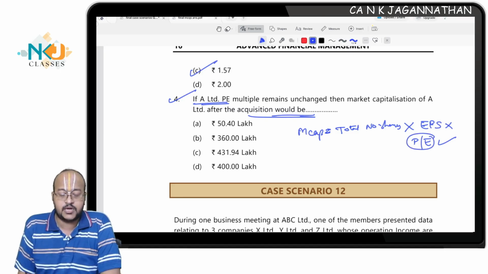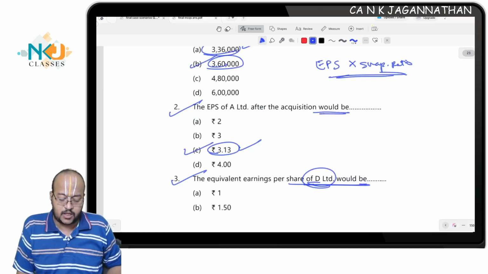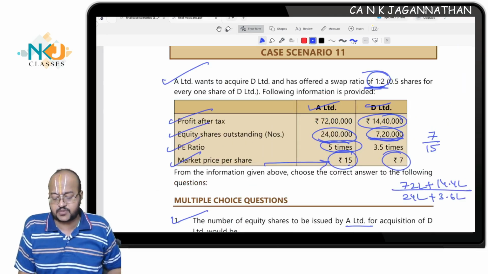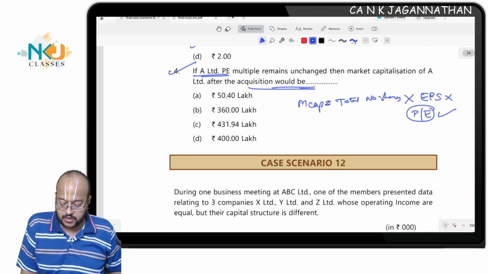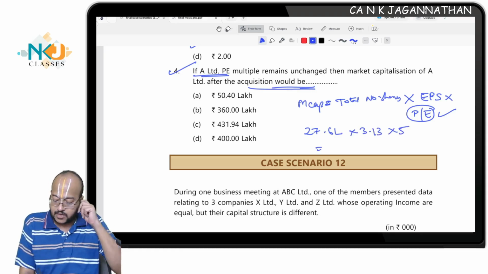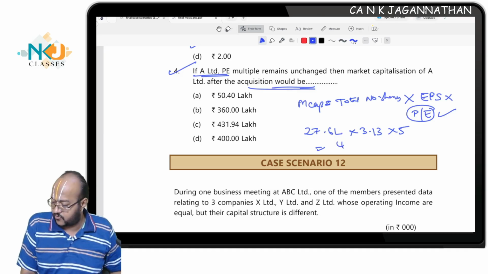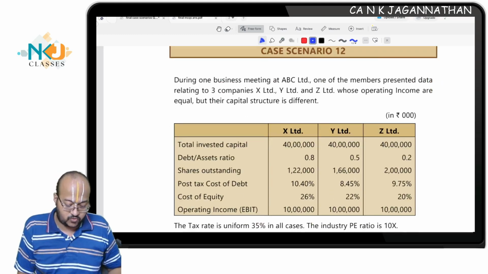You have to find out the total market capitalization. So number of shares outstanding is 24 lakhs plus 3,60,000, 27,60,000, into 3.13, which is EPS per share, into 5, the PE ratio will remain unchanged. How much is that? 431.94 lakhs.